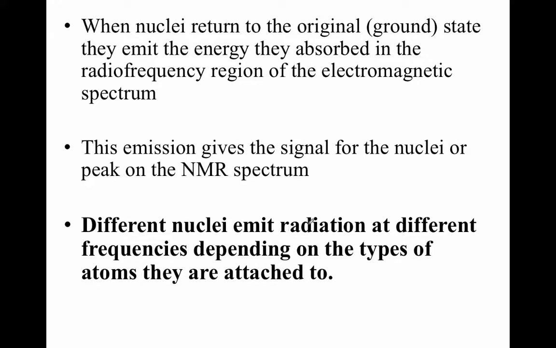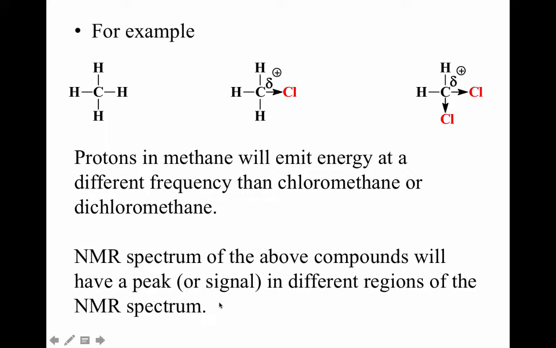Different nuclei are going to emit radiation at different frequencies depending on the types of atoms they are attached to, depending on what we will soon find out is called their chemical environment. For example, we have these three molecules. All of these hydrogens are in the same chemical environment, and they will have the same peak or signal.